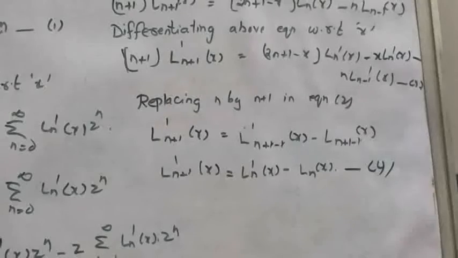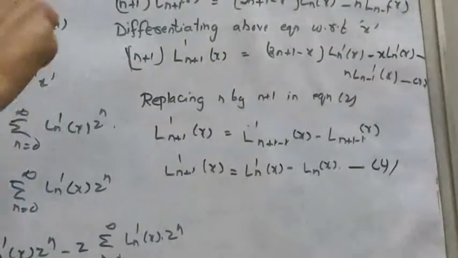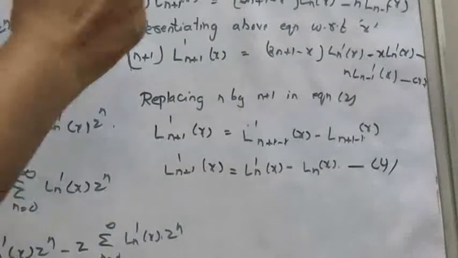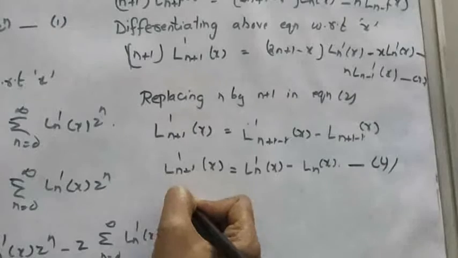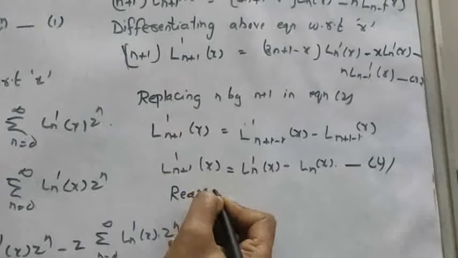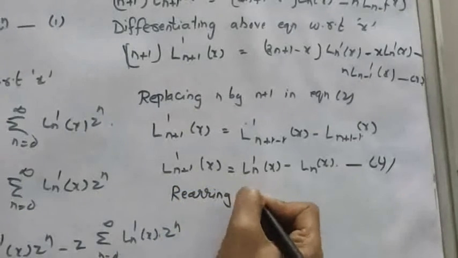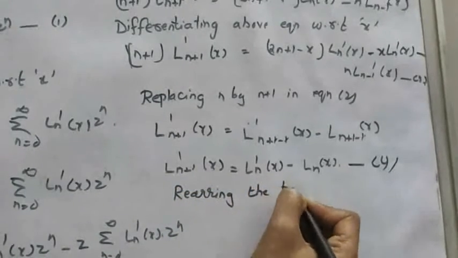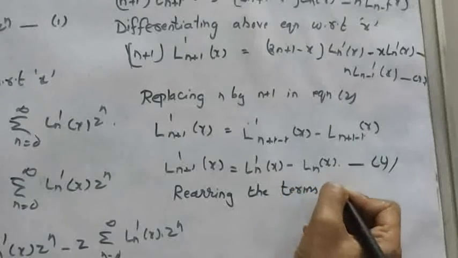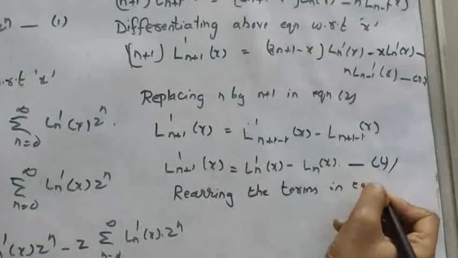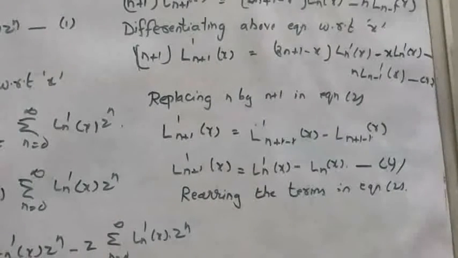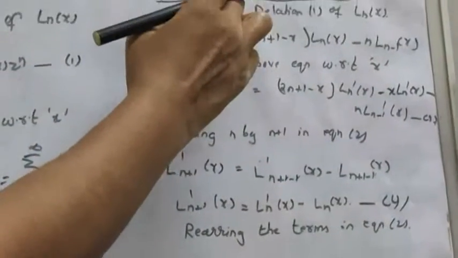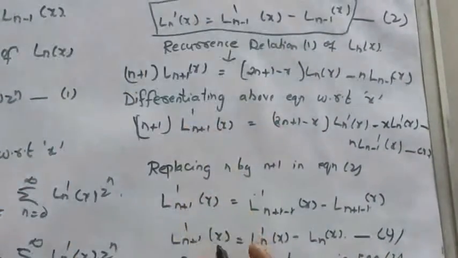Now we are going to again rearrange the terms in equation 2. I am interested in finding Ln minus 1 dash of x.